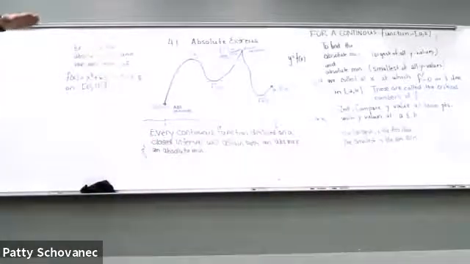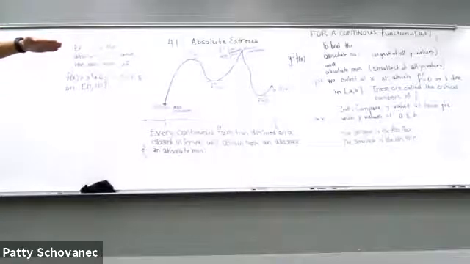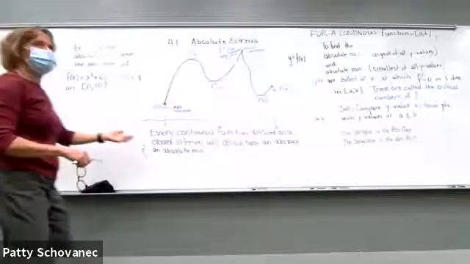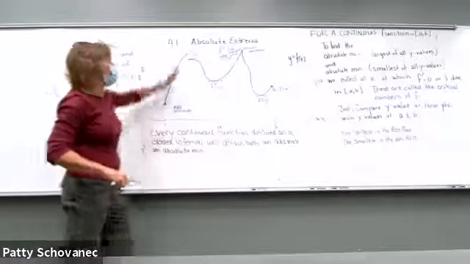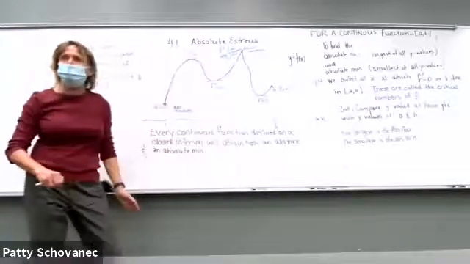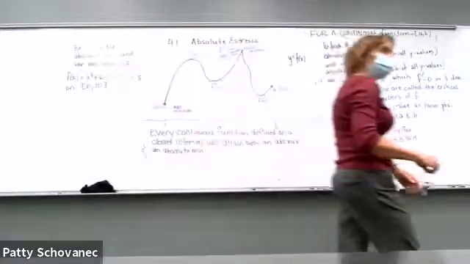Even if our function is just a horizontal line, as long as it's continuous, it's going to have a largest and smallest point. In the case of a horizontal line, the largest point and the smallest point could be the same, and it'll be every point on the line. But if it's a continuous function, it's going to have some sort of tallest and smallest point. If it's not continuous, there's no guarantee, right? If I had an asymptote in here, then one end will probably take off and there'll be no tallest point. But as long as it's a continuous function on a closed interval, it's going to have them both.